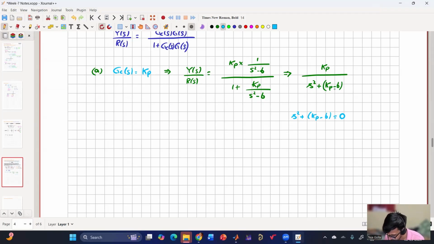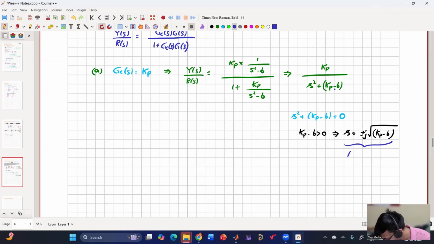So if I consider Kp minus b is greater than 0, then my poles are what? S is equal to plus or minus j into square root of Kp minus b. So the closed loop poles are basically on the imaginary axis. So the system is marginally stable.